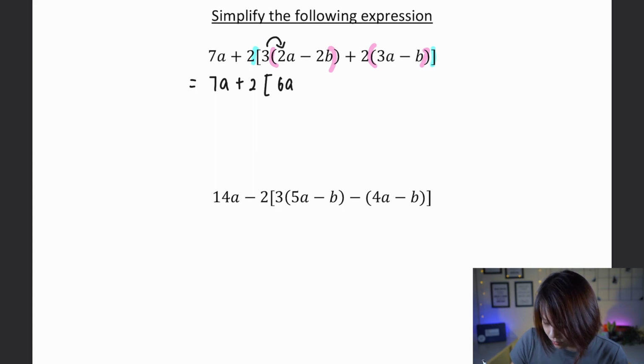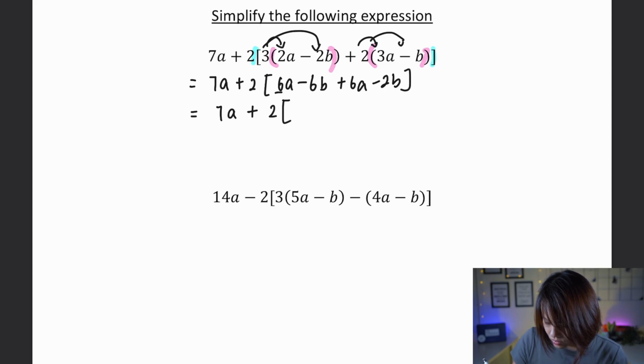Doing the same rule, we will have 6a minus 6b plus 6a minus 2b. At this step, I will not suggest you expand, because it gets very messy. So collect the like terms again. You get 12a minus 12 minus 8b.